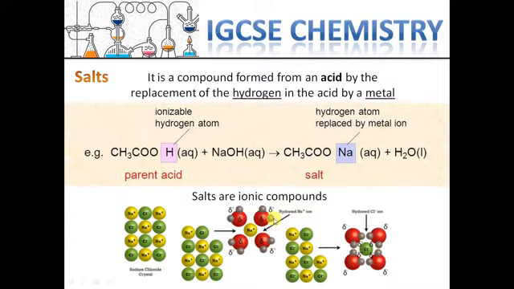And when you have a very obvious positive form and negative form in one compound, we can say that it is an ionic compound, like here. So there are two important points: one is the definition of salt, and another is that salts are ionic compounds.